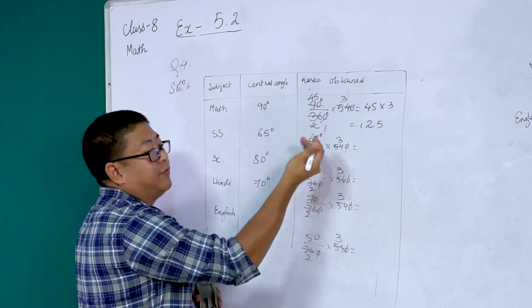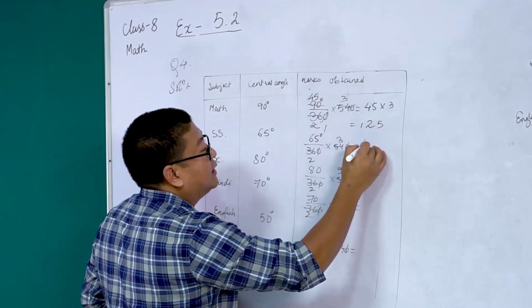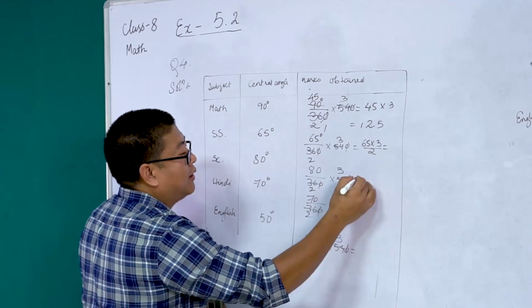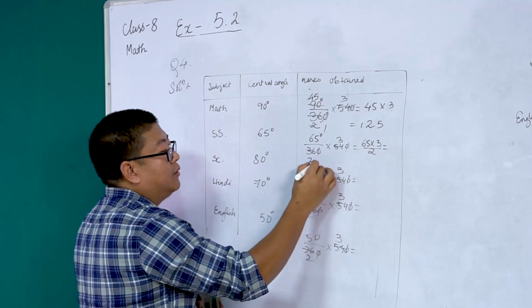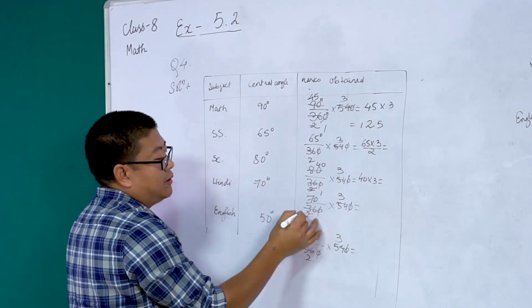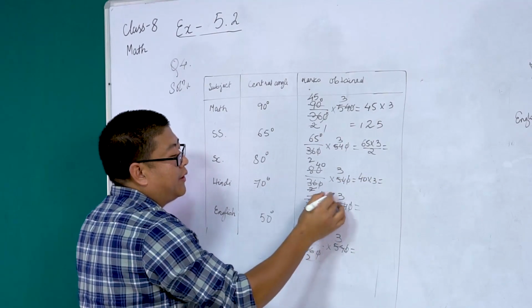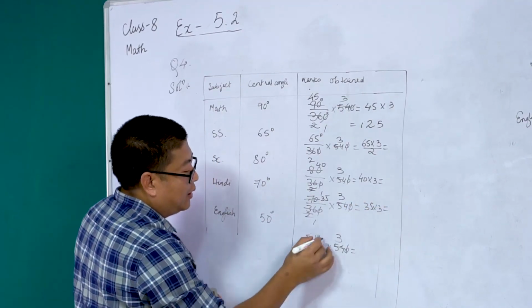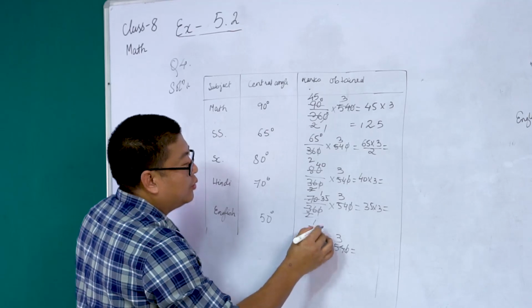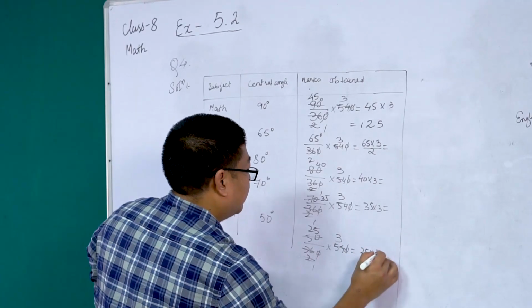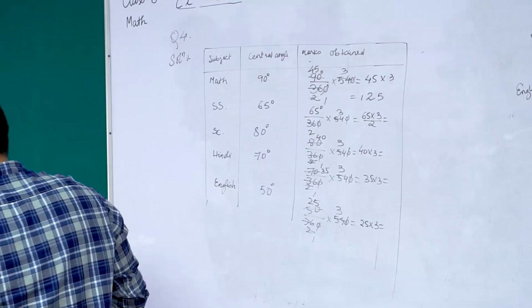This 2 and 65 we cannot divide, so we will keep it as it is. 65 into 3 by 2. We will calculate it later. 2 into 40, so we have 40 into 3. 2 into 70, so 35 into 3. And finally 2 into 50, 25 into 3, and we will wait to calculate the answer.